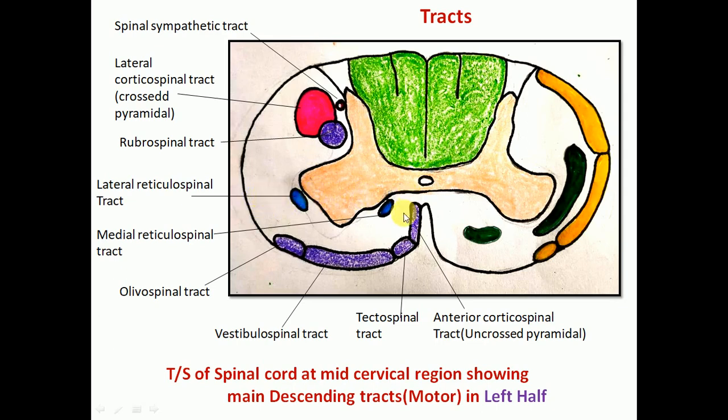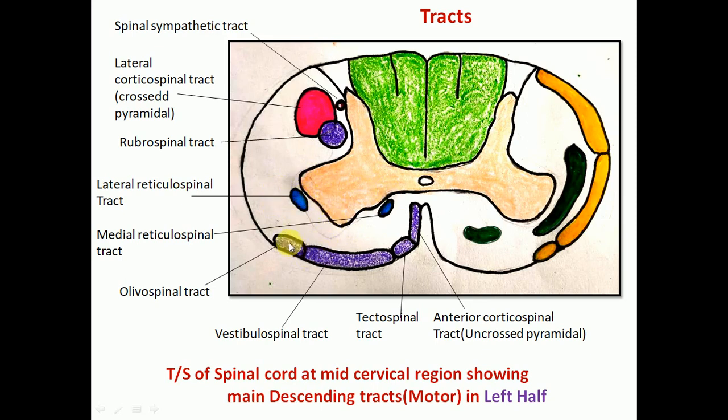That is concerned with the extensor reflex for the motor neurons of skeletal muscles. So in short, they form the thoracolumbar and sacral outflowing tracts.